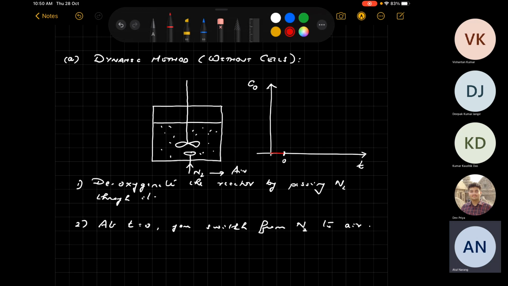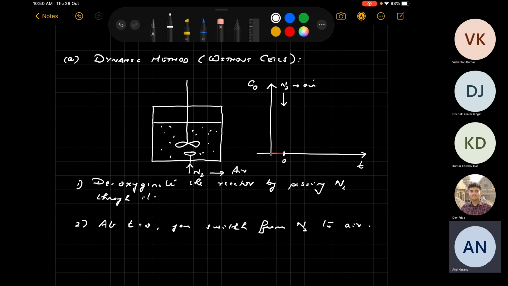At time t equal to 0, this is the point at which you are switching from nitrogen to air. As soon as you switch from nitrogen to air, you will start bubbling air through it. And when you do that, it should not come to you as any surprise that this concentration will start to increase.